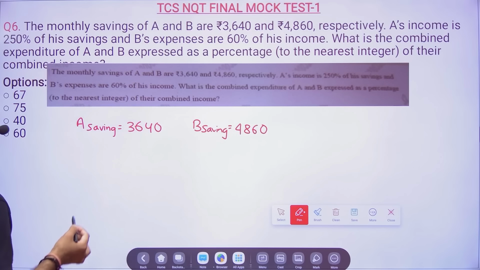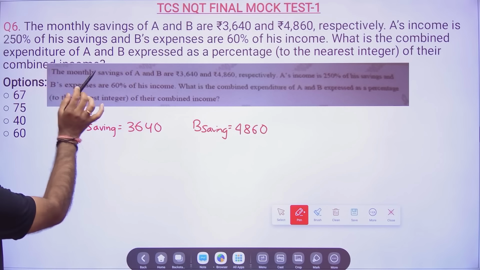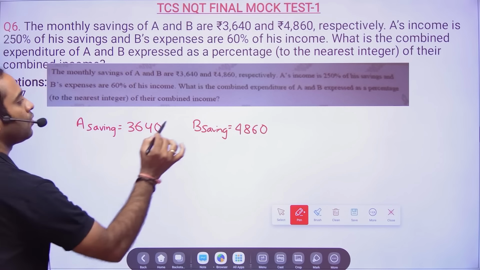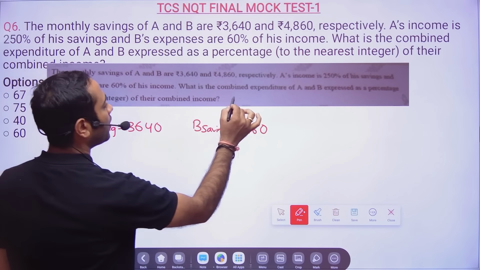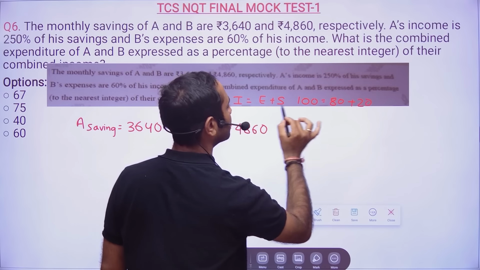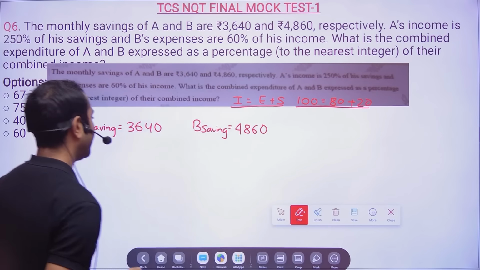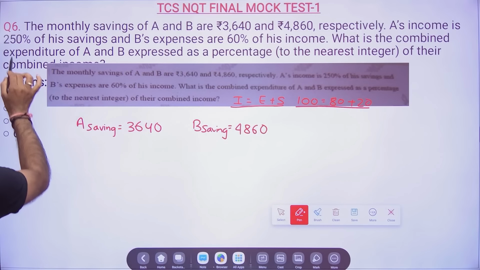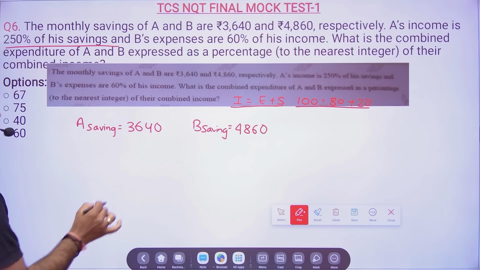Respectively, A income is 250% of his saving. You know, income will be equal to expenditure plus saving. If you are earning 100 rupees and you spend 80 rupees, how much will you have remaining? Sir, 20 rupees. Very good.